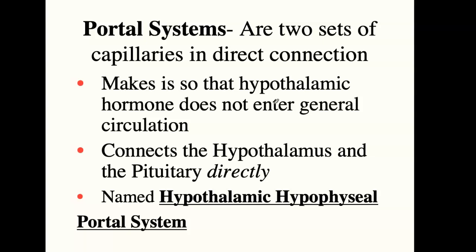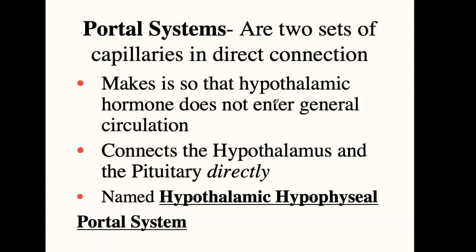Why do we need that? Well, think of it in the brain. The hypothalamus and the pituitary are very close together. It doesn't make sense to put that hormone into circulation, have it go throughout the whole body, all the way down to your toes, all the way back up again to get to the pituitary that was right next to the hypothalamus. Makes more sense to have a direct connection between those two.